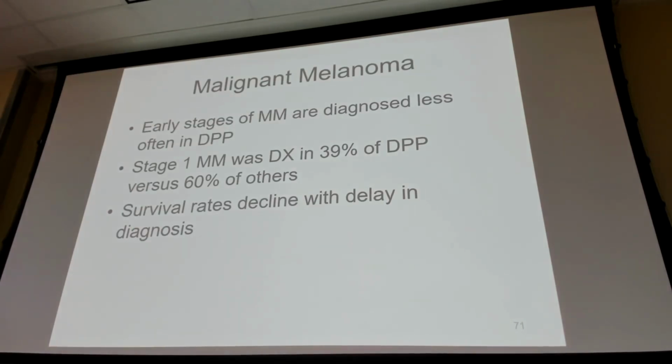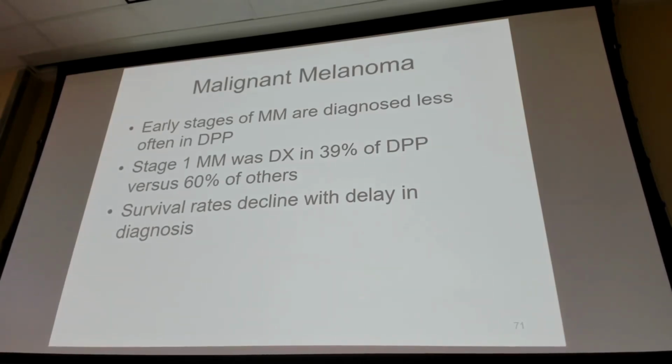Overall, these are some statistics, I guess you could say, talking about skin of color, okay? Early stages of malignant melanoma are diagnosed less often in darker-pigmented skin. So with the darker colored skin, oftentimes they're not seeing one of these lesions, so they're not diagnosed as often.